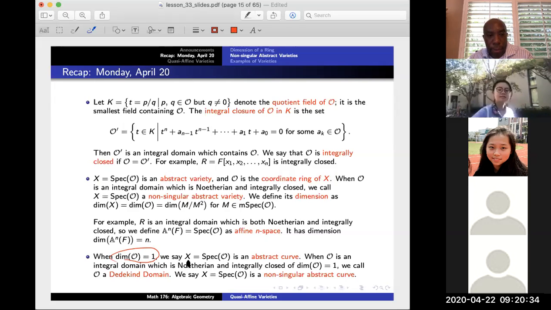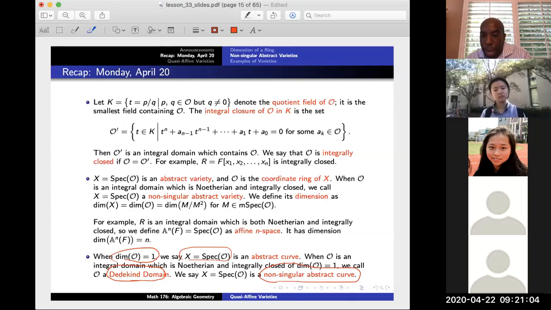So in that case, we will say here that spec of O is an abstract curve. More specifically, if O is an integral domain which is Noetherian, integrally closed, and has dimension 1, so now four things, we'll call O a Dedekind domain. So in that case, spec O is now a non-singular curve.